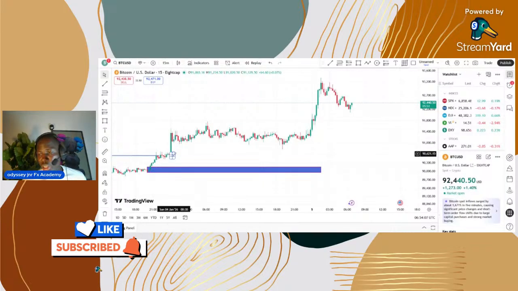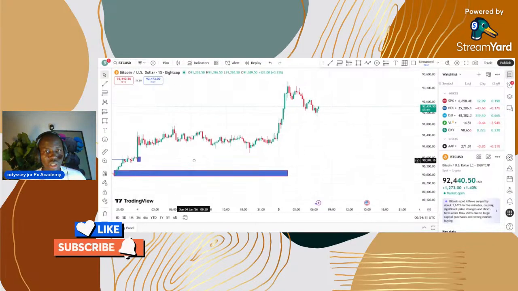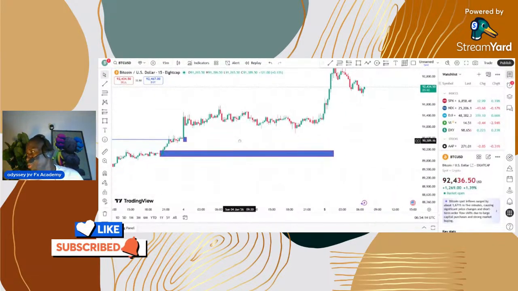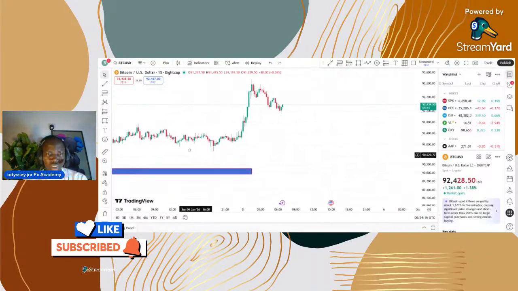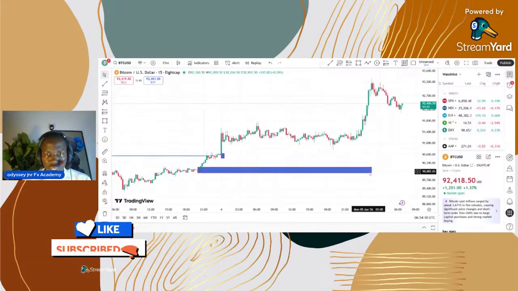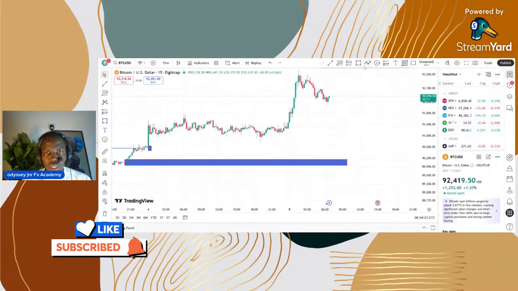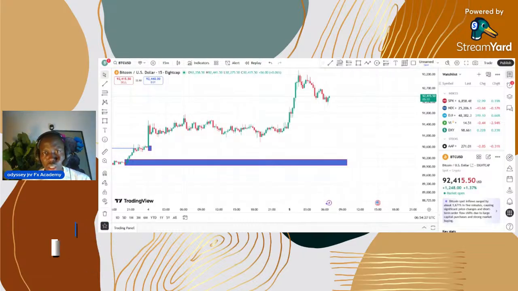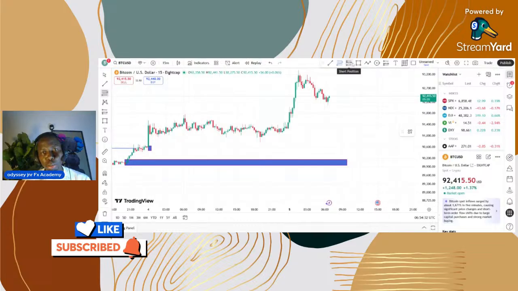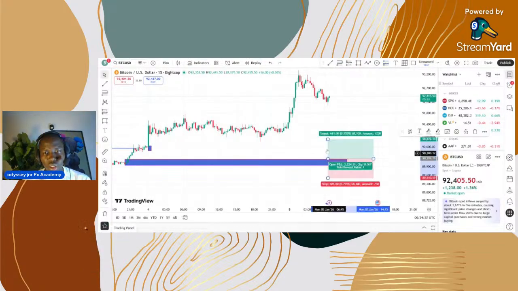We are likely to have the market come here. But whenever the market comes here, you pay attention to what the market does here. That's when you know whether you enter for this trade or not. For now, we are going with this, and we definitely enter here. We stretch all the way up.